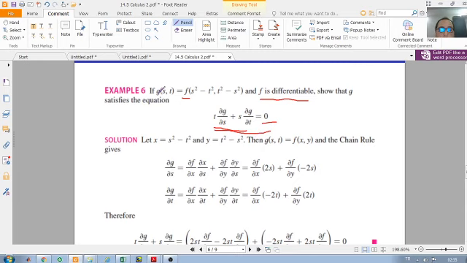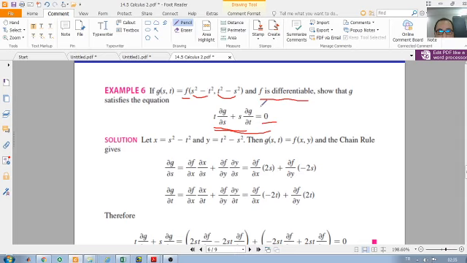So g(s,t) is defined by using another function f by writing the functions s squared minus t squared and t squared minus s squared. They are actually functions of the variables s and t.